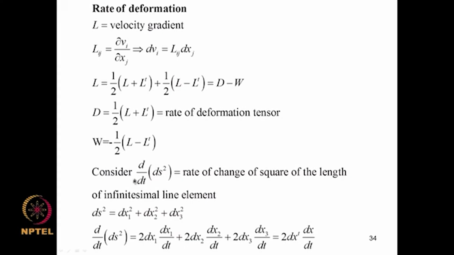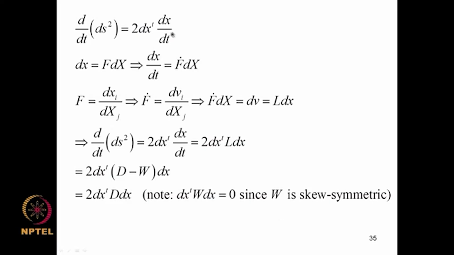Now, if you consider the rate of change of the square of the length of the infinitesimal line element ds square, you can begin by noting that ds square is dx1 square plus dx2 square plus dx3 square, and by writing this in this form we will be able to see that it is 2 dx transpose d(dx) by dt, and we can rearrange these terms and use this identity, and we can actually show that the F dot matrix and D matrix are related through this.